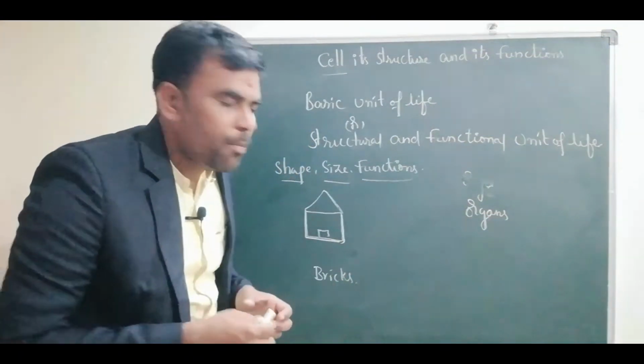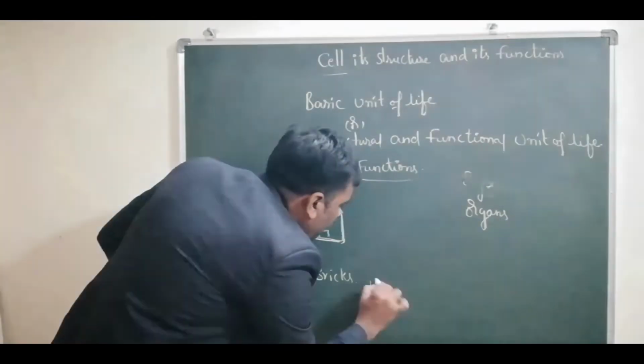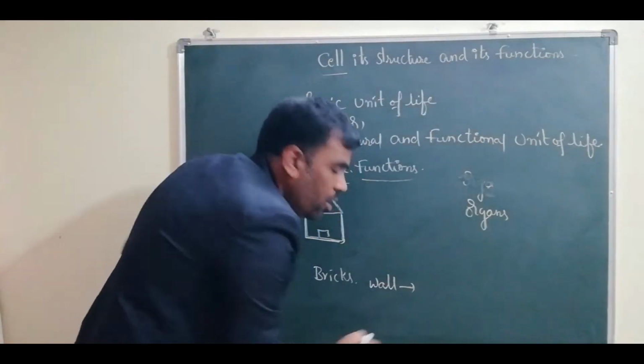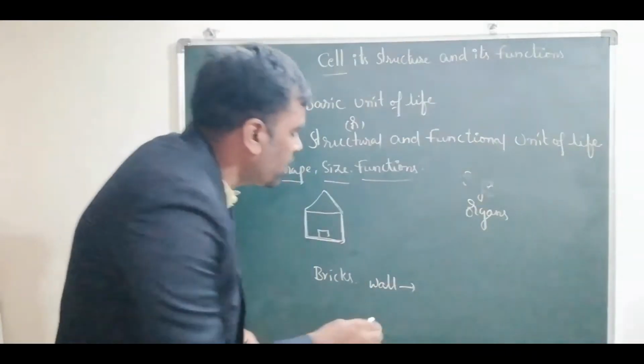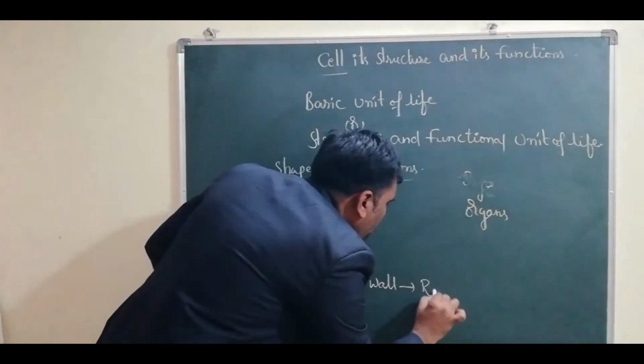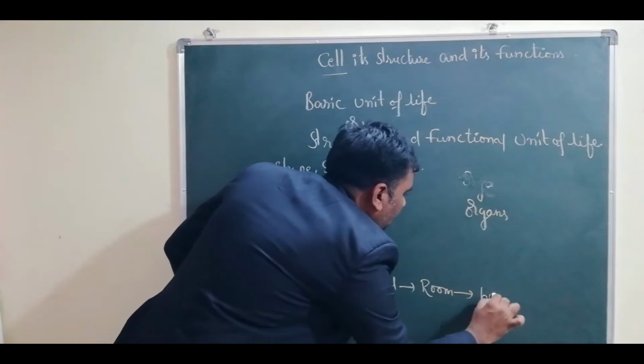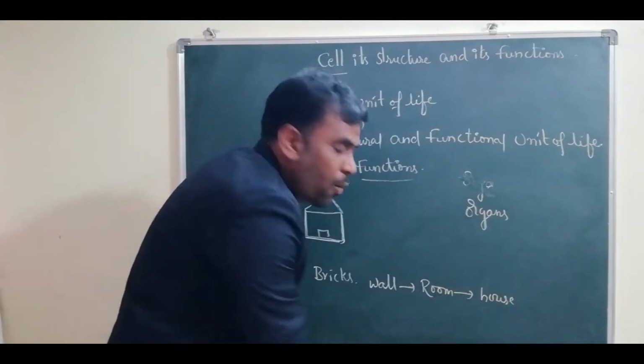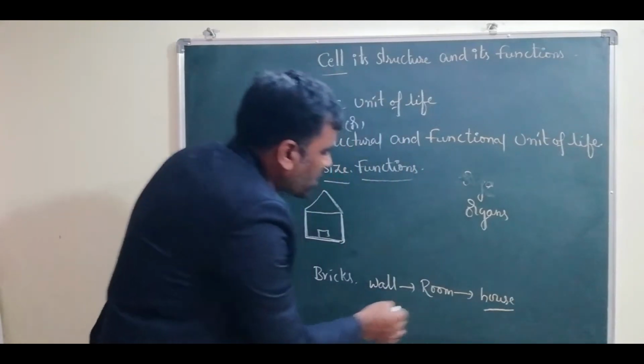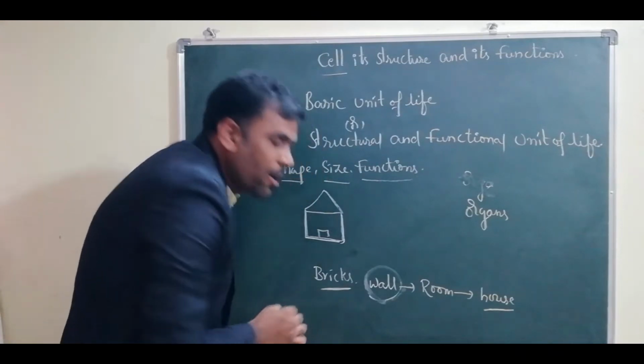With the help of a number of bricks, we make the wall. A number of walls are joined together to make the room. A number of rooms together make the house. So here, what is the basic structure to construct the house? That is nothing but bricks.